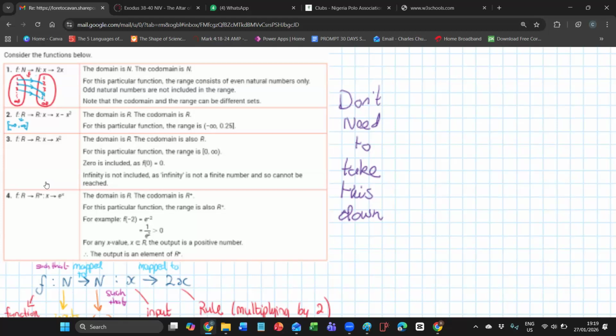So in other words, it looks like we've left out all the odd numbers, and the odd numbers are the bits that make up the rest of the codomain, while the even numbers, I'm talking about the output side, are the range. You can think about it that way.